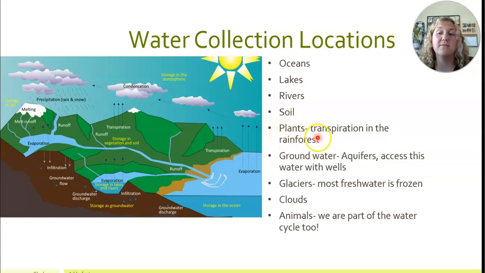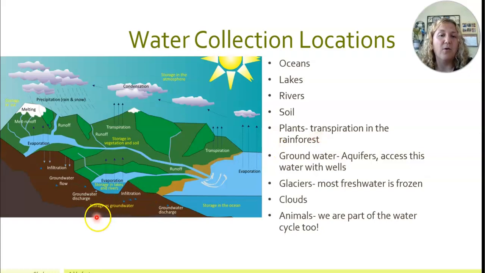That's one of the reasons that rainforests have so much rain, because of all the transpiration happening in the rainforest. The atmosphere just can't hold the water vapor. It's too oversaturated, and that's what causes so much rain in the rainforest.